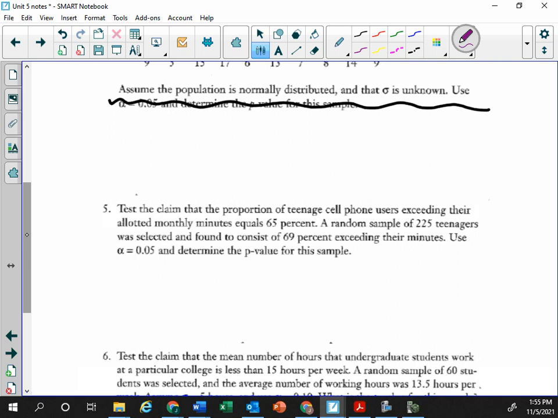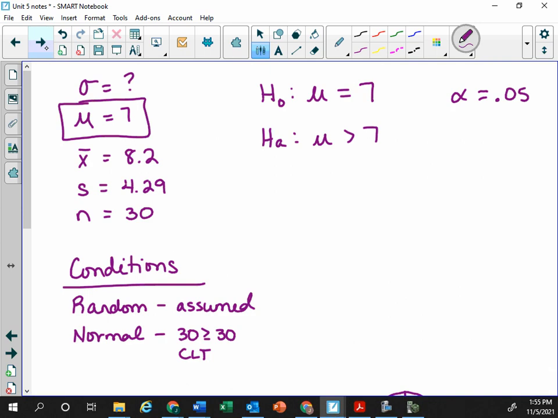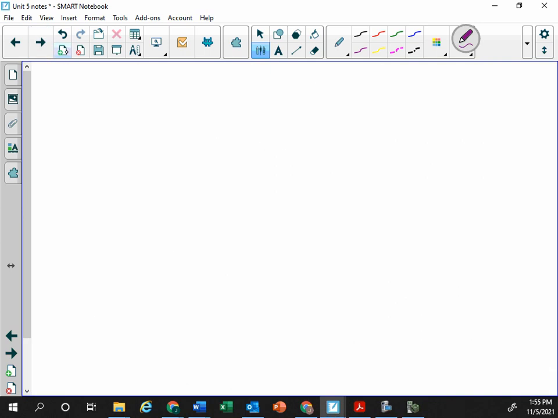All right, guys, do you think this is a means or proportion problem? Proportion, okay. Let's define our parameter of interest. It's not going to be a mu since it's a proportion problem, right? It's going to be p.